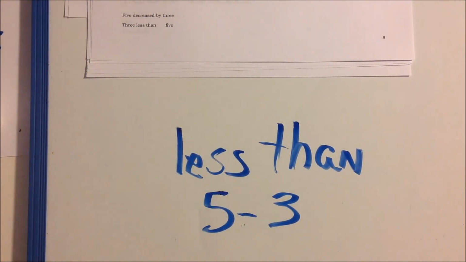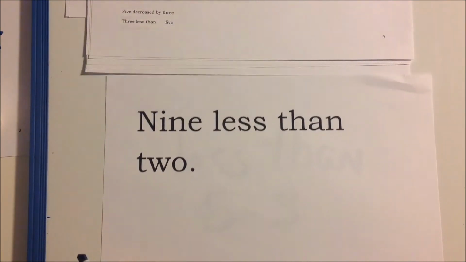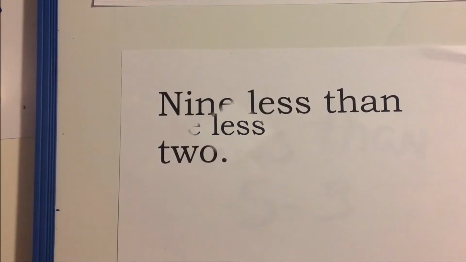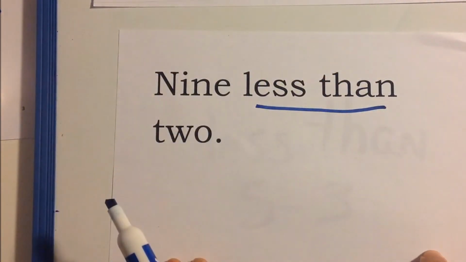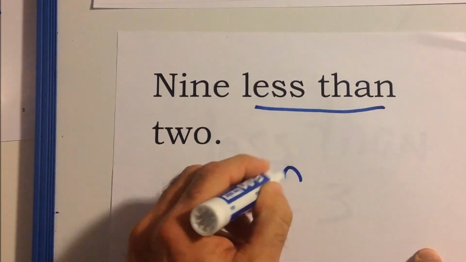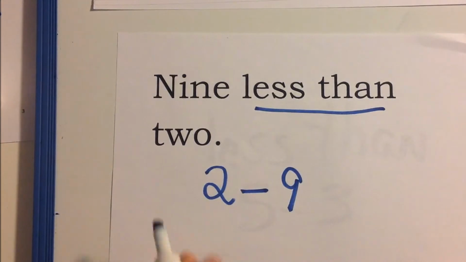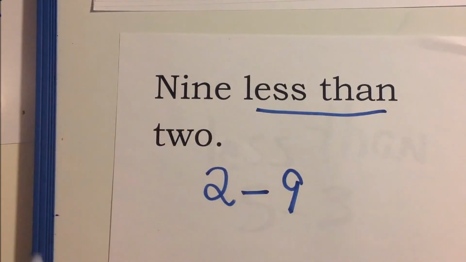Let me do another example. 9 less than 2. How would you write 9 less than 2? Okay, this is a tricky one because remember I told you when you see less than, it changes it. So it's going to be this. This says 2 minus 9. But it also says 9 less than 2. So we change the numbers when we see less than.